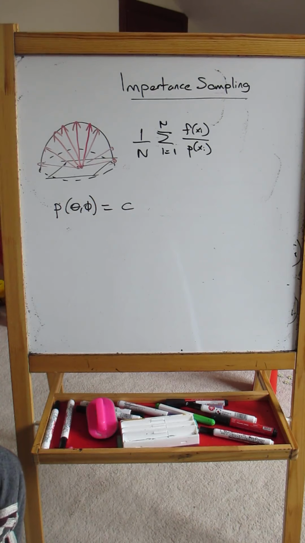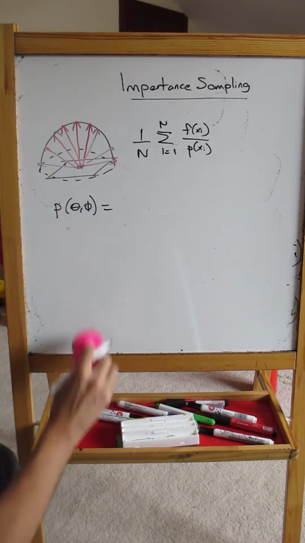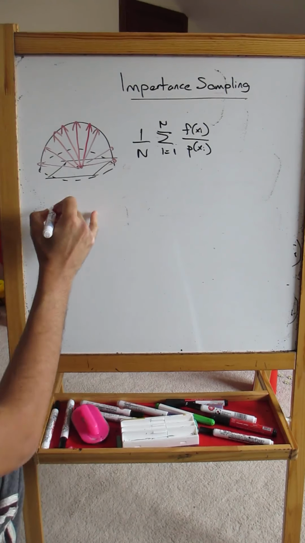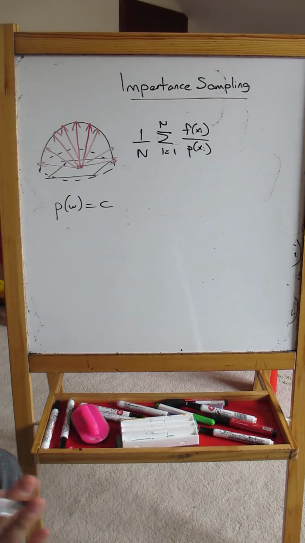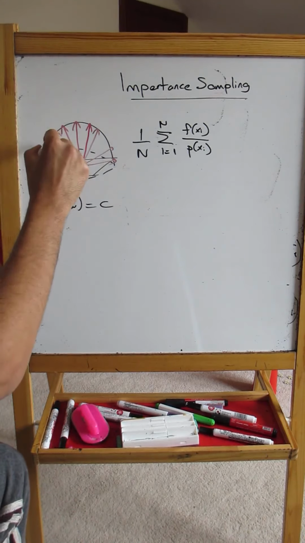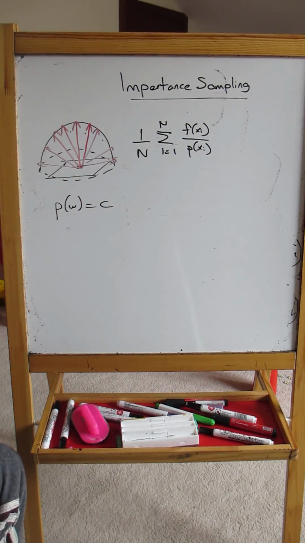I'm sorry, so this is not what we said. What we said was P(w) is constant. That's what we said, right? P(w) means every direction, every point on the surface of this hemisphere was equally likely.